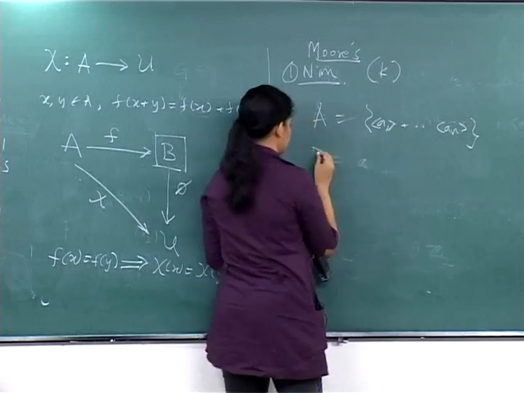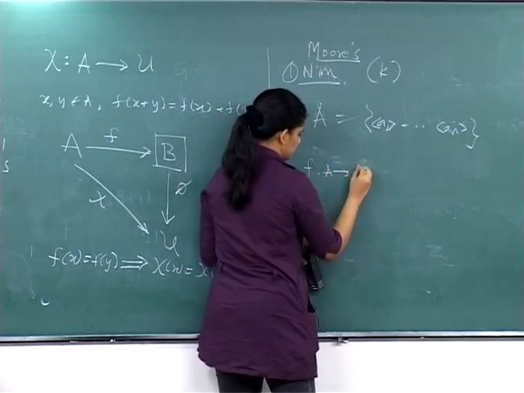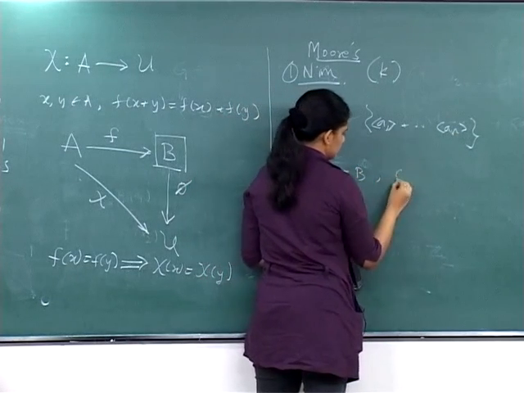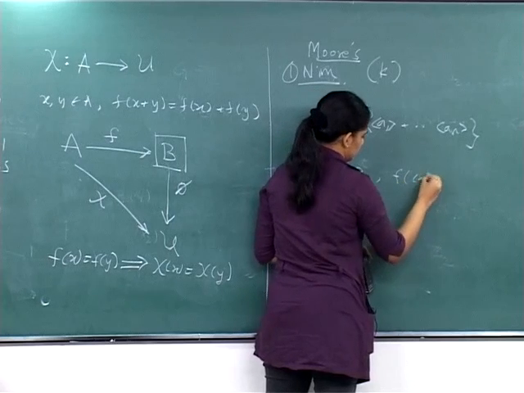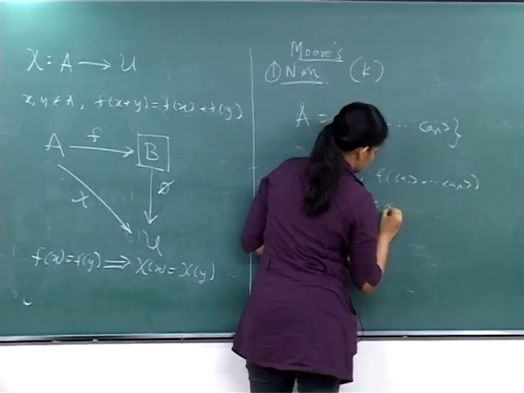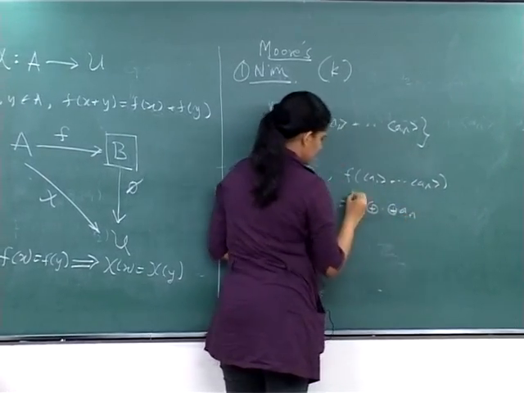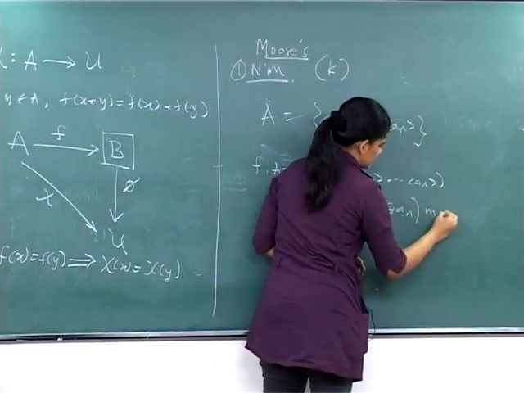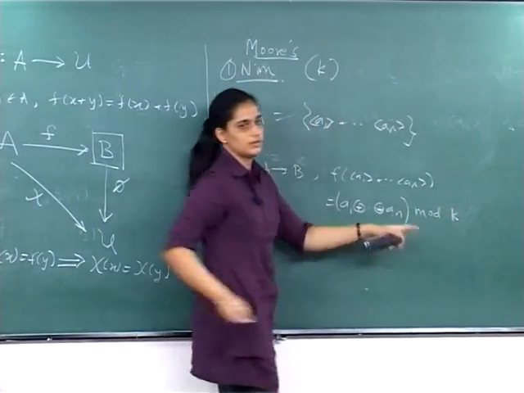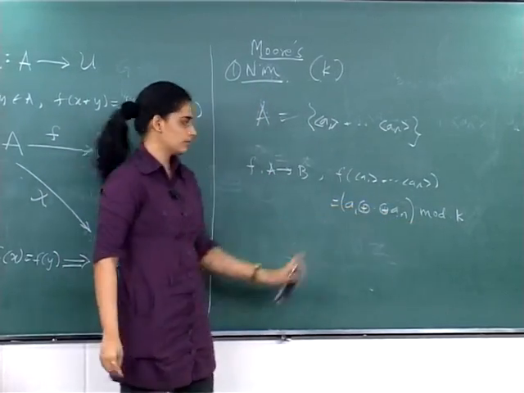So this is actually the function F from A to B, defined as f of a1 up to an is to take the binary strings, XOR it, and take it modulo k. Instead of modulo 2, you take it modulo k, because we have k files. So you XOR it and take it modulo k.